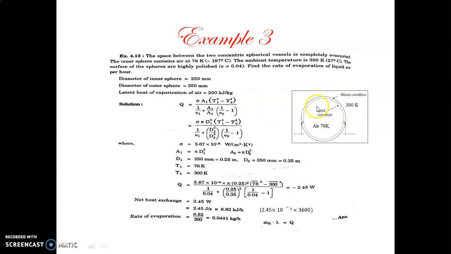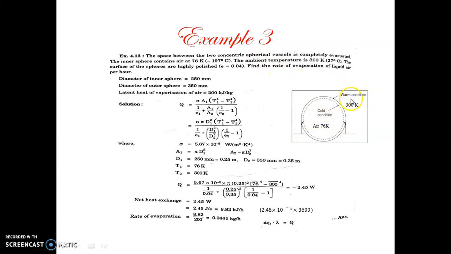There are two spheres, the first sphere enclosed by another sphere. The space between them is evacuated, that means air is taken out. The inner sphere contains air at 76 Kelvin, that means at a low temperature the air is kept in liquid form.